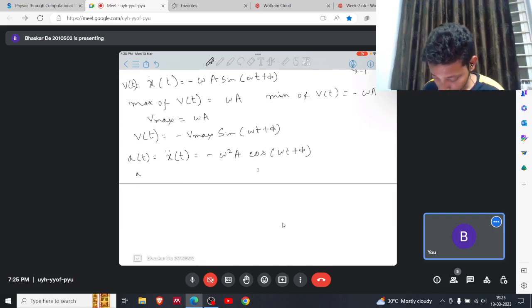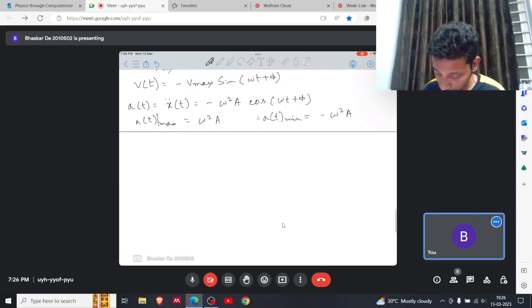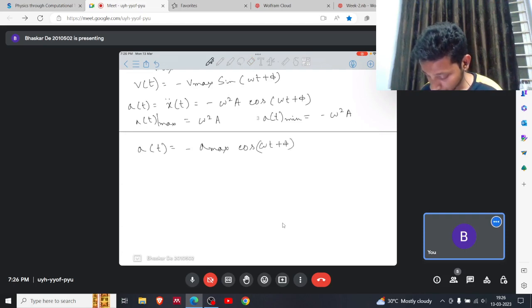So a max equals omega squared A, and a min equals minus omega squared A. So a(t) equals minus a max cos(omega t plus phi), where a max equals omega squared A.